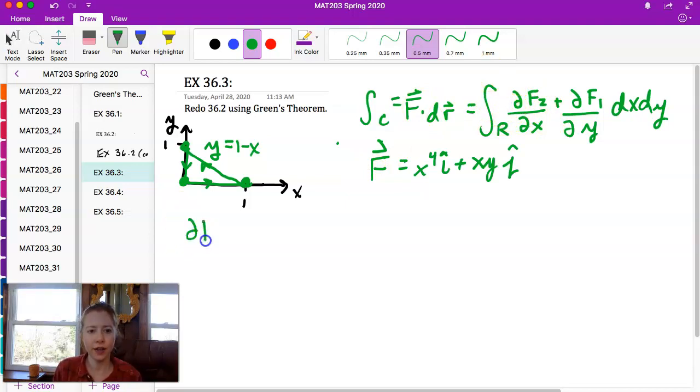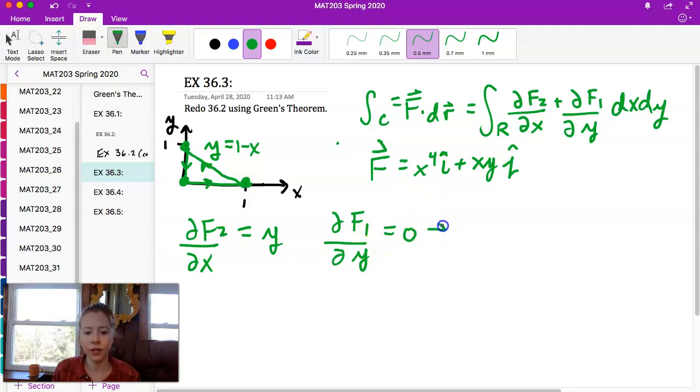So looking at this piece with respect to x, del f2 over del x is going to give us y. And del f1 over del y, there's no y in there, that's going to give us 0. And so that tells us that we're going to have the double integral, because we have to set up a region here, and we have two variables, so we're going to have two integrals.